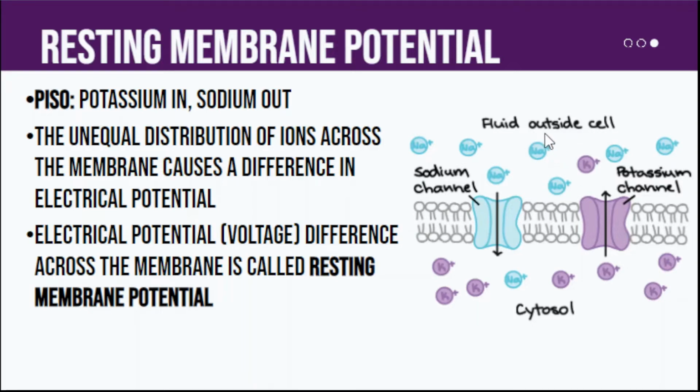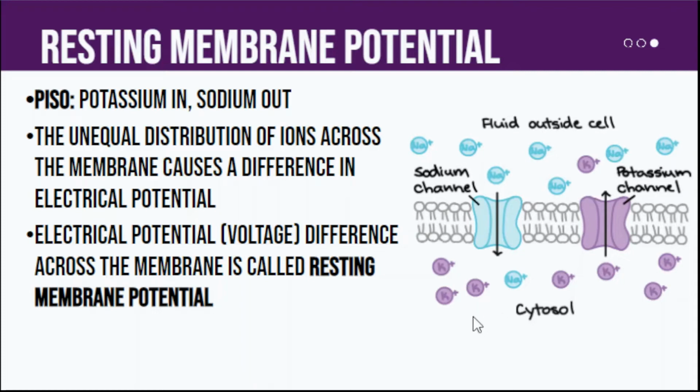So since there is more sodium outside compared to inside, which is more positive, the outside of the cell or the inside of the cell? Again, if sodium is more positive than potassium and sodium is more abundant outside, then what is more positive, outside or inside? Of course, outside.